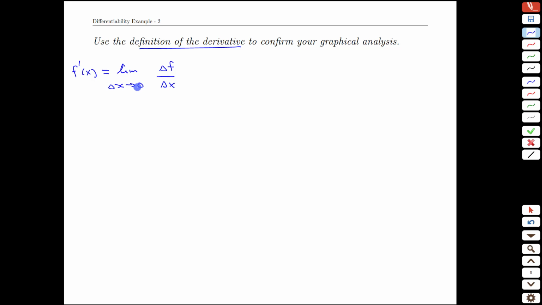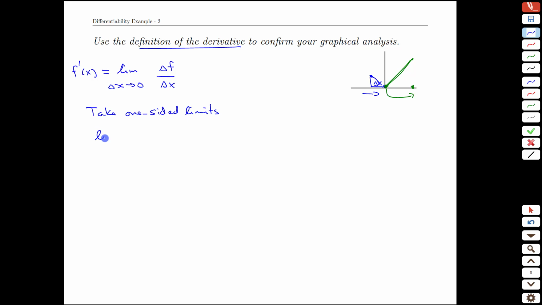Now for our absolute value function, where that gets interesting is when we come from the left and we pick 0 as one point and we pick some other point on the axis, delta x here, we're going to get different slopes than if we pick 0 and a delta x that's positive and ask what the slopes are between those 2 points. So what we're going to have to do here is take the one-sided limits, because there's a difference between what happens in different directions.